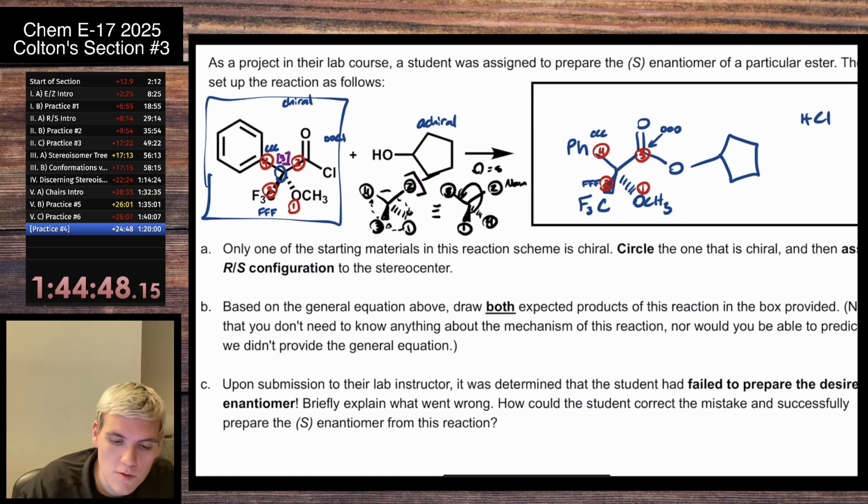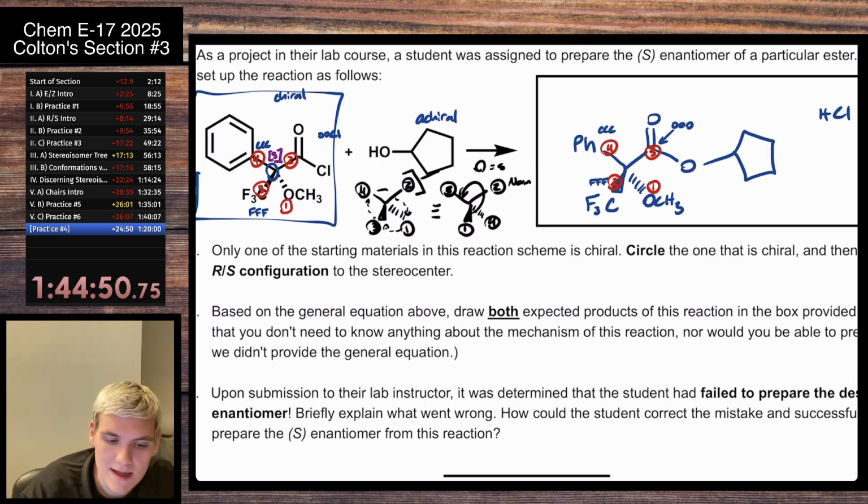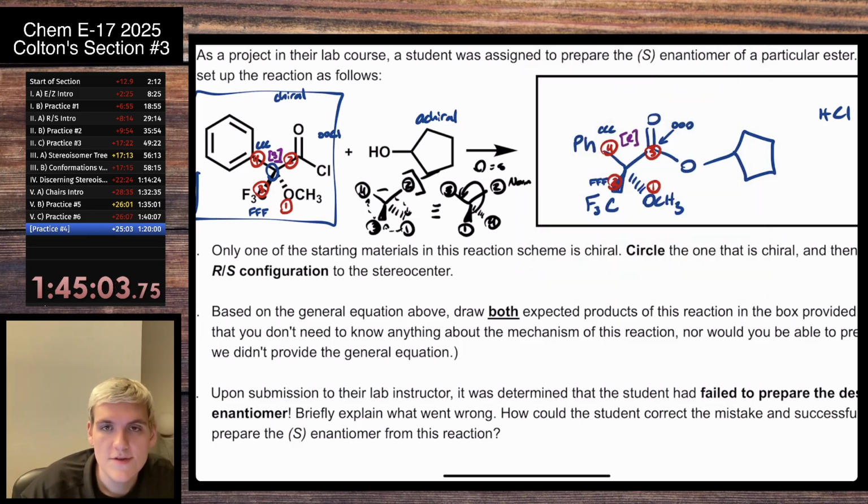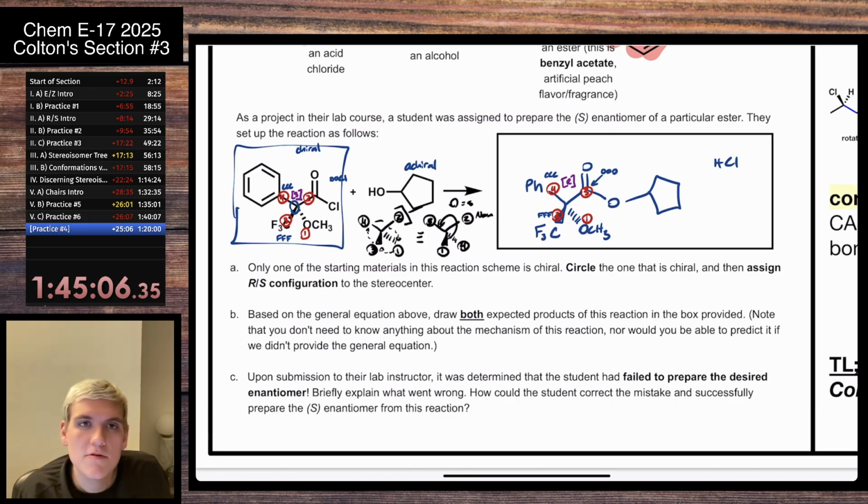I can redraw this and rotate and everything, but what it's going to show is that because we've swapped priorities 2 and 3 here, this is now going to be the R stereocenter in the product. So what happened? Specifically, the question wants to know, how can the student correct the mistake and get the S enantiomer from the reaction? Well, this reaction reclassifies this acid chloride as an ester, O, O, O instead of O, O, Cl.